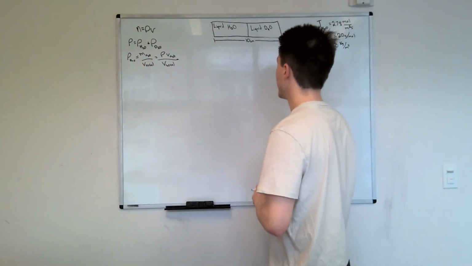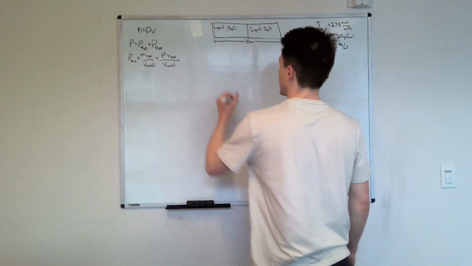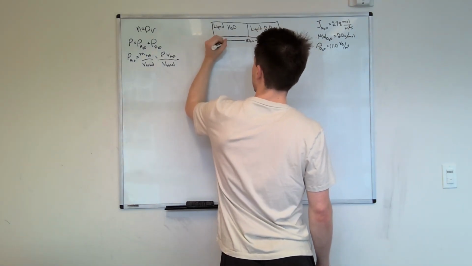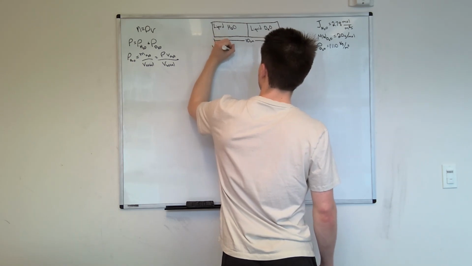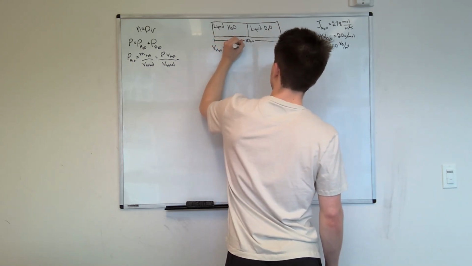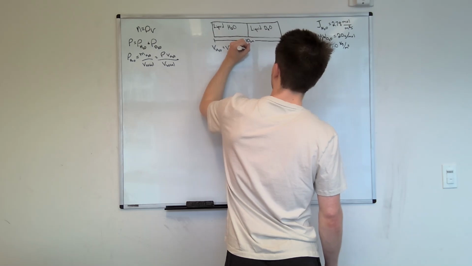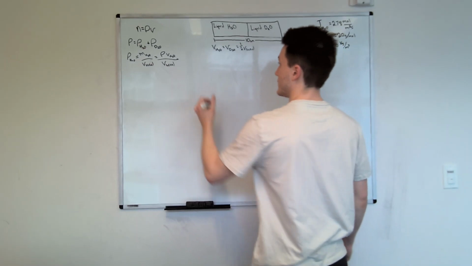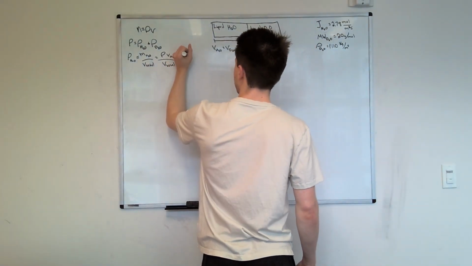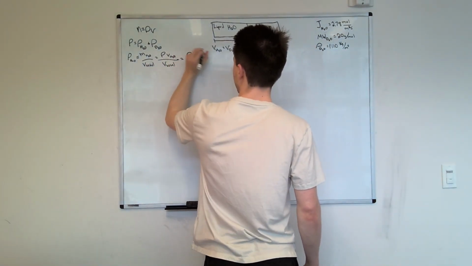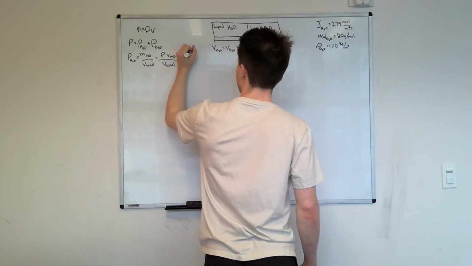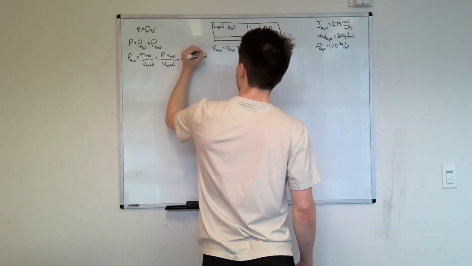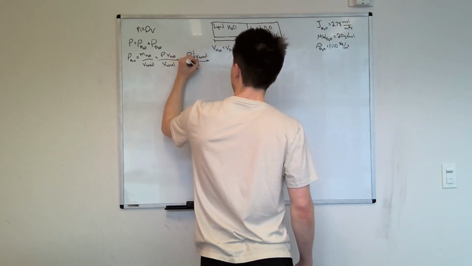And since we know that these two liquids are taking up the same amount of volume, we can see that the volume of H2O is equal to the volume of D2O, which is then equal to 1/2 the total volume. So plugging in that information, we get the mass concentration of H2O multiplied by half the total volume over the total volume.